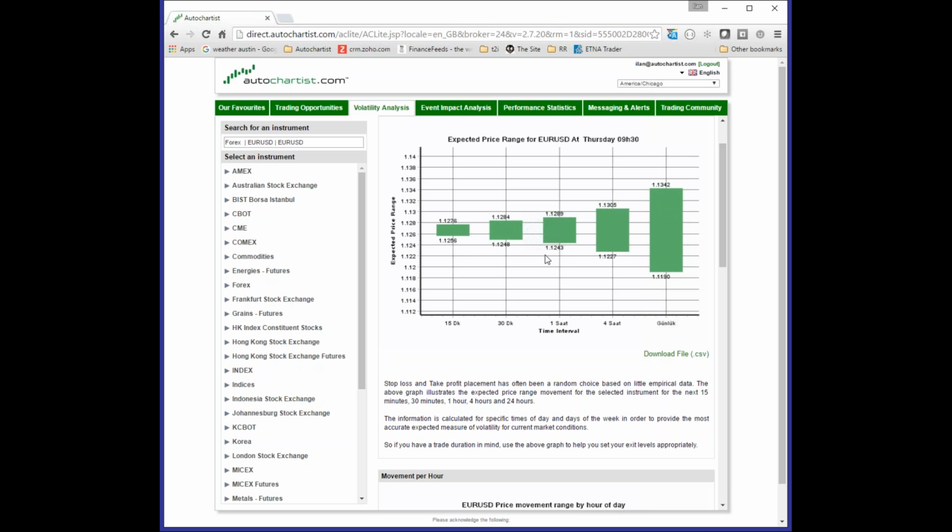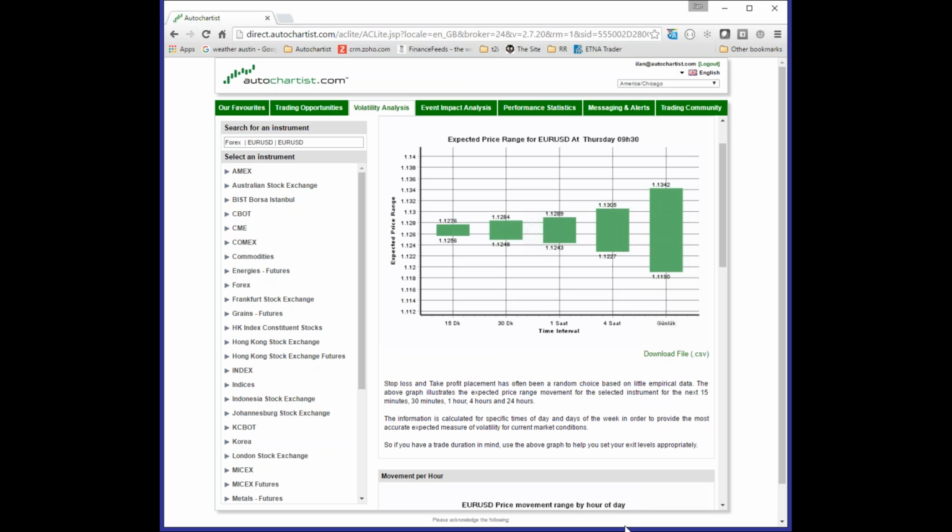For the next 1 hour, I expect the price to be between 112.43 and 112.89. Right? For the next 4 hours, between 112.27 and 113.05. Okay, so if I don't want to hold my position for any shorter than 4 hours, I shouldn't be setting my stop loss or take profit anywhere within that region.